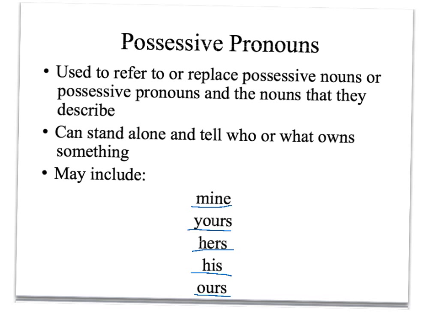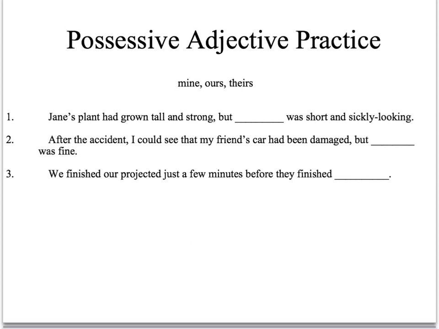As in, that cup is mine. Or, is this yours? Or, hers is bigger than mine. Or, his was on the table yesterday. Or, is that ours? We're using them not as adjectives, but as standalone pronouns. Some examples.